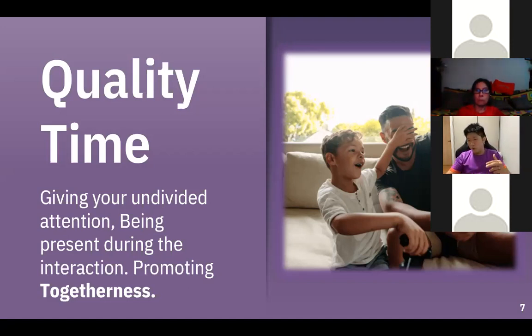Now, quality time can come in many forms. For example, a shared activity where you go and hike MacRitchie Reservoir together, or a shared conversation where you are talking about a relative, or something that happened at work, or something interesting that you observed today, and both of you are engaged in the same conversation.